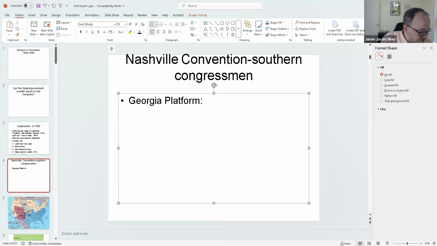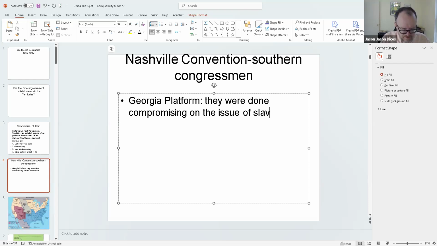And this platform said that they were done compromising on the issue of slavery. They would no longer do so. And this is rather ominous because the whole point of Congress is to come to compromises for the different interests and sections of the country.